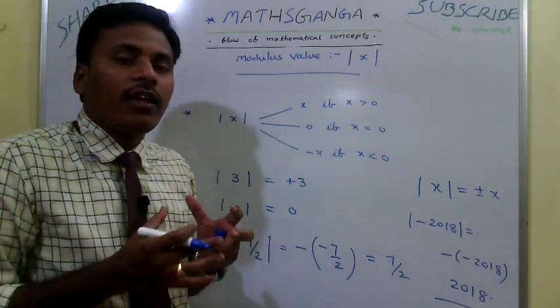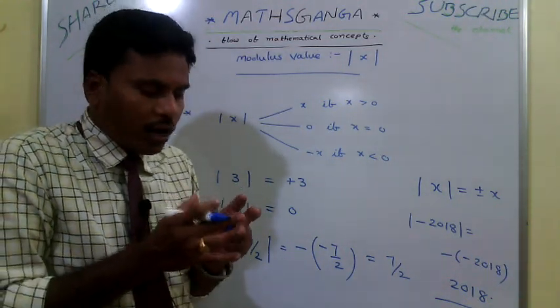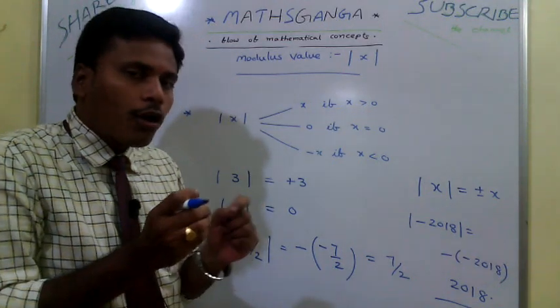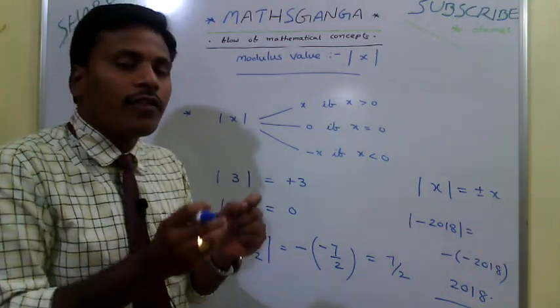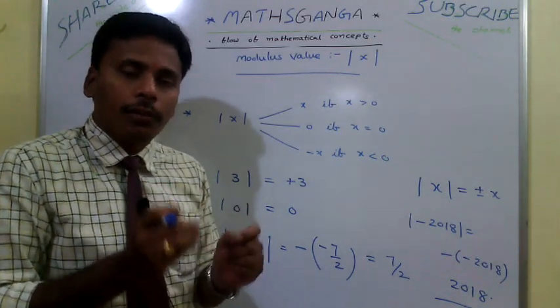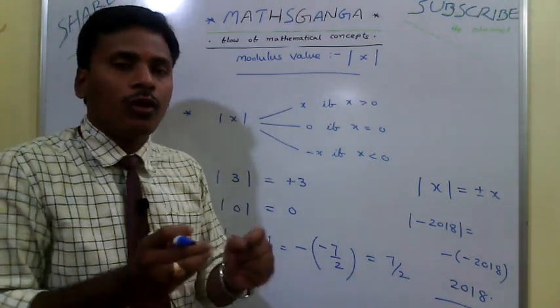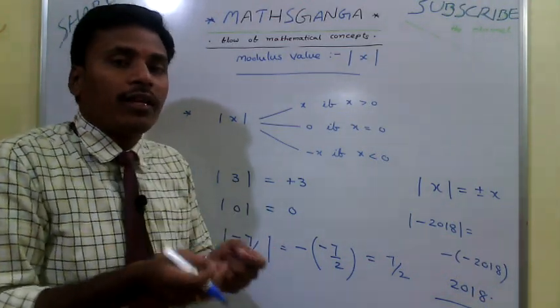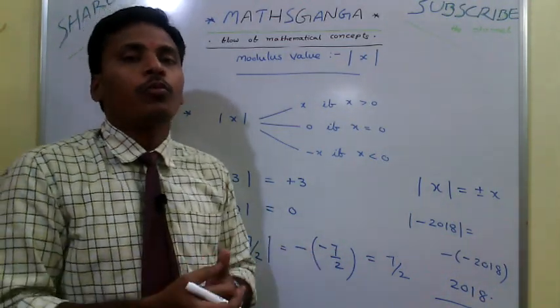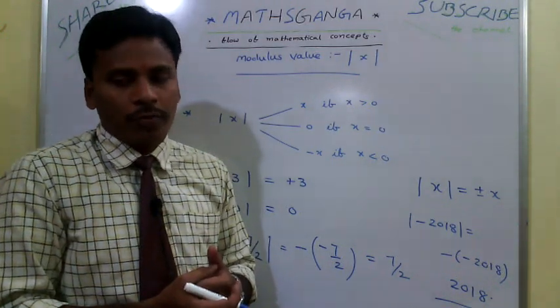We are very well known about the output only if the input is well known. That means if we know exactly about the input, whether it is positive or negative, then we can give the result. If we don't know about the input, whether it is positive or negative, then we don't know the output exactly either.